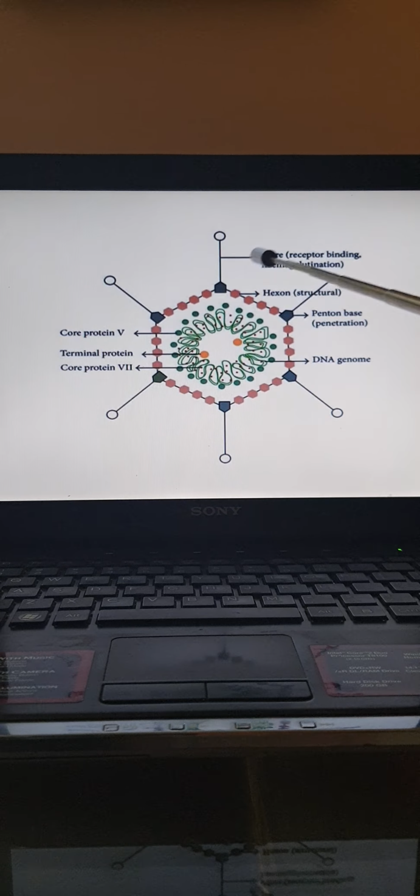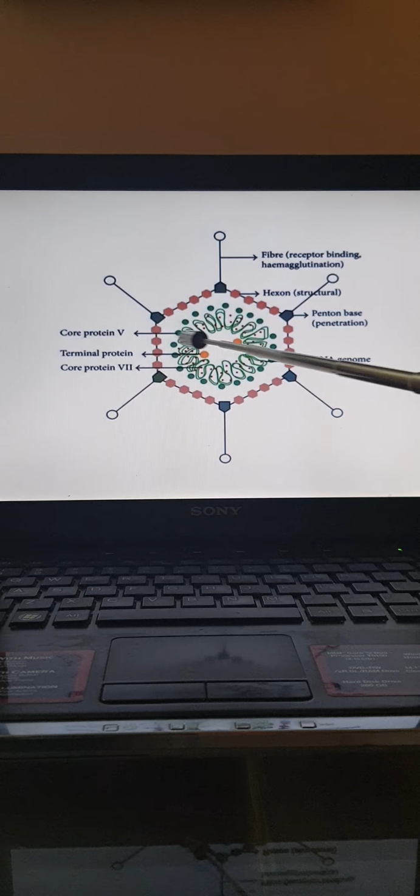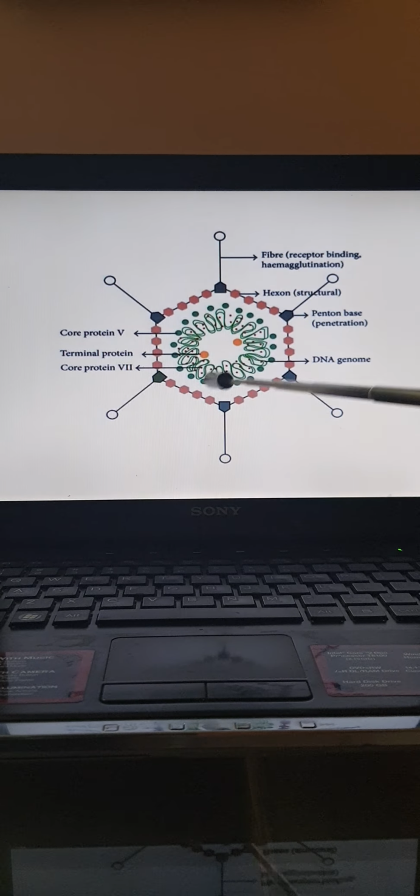This fiber has the property of binding to the host cell receptors. It has hemagglutinating property, and then we have these structures. These are hexons, and then we have core protein and terminal protein. This type of arrangement gives an appearance of a space vehicle, which is typical of adenovirus.